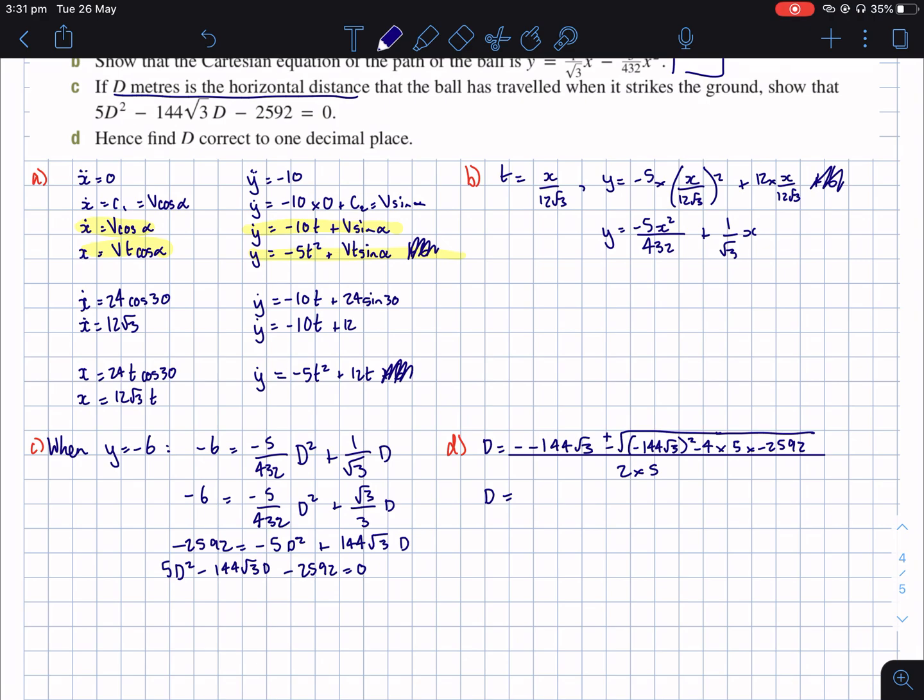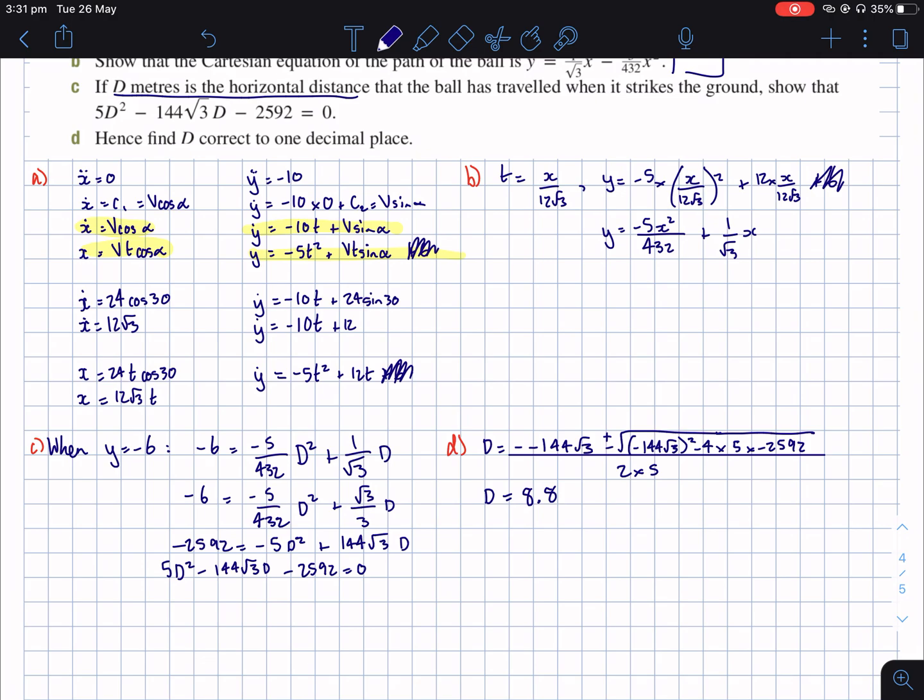Yeah, that's a calculator job. Now I'm going to put it in again, but with a minus.